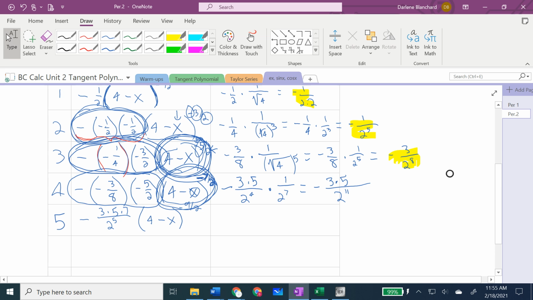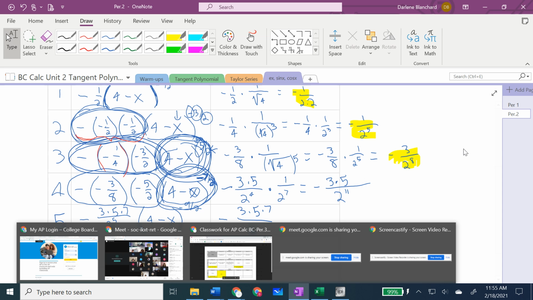Do you think at this point you see the pattern? With n equals 5, it's going to be negative, and the numerator is 3 times 5 times 7, and I'm going to wind up with 2 to what power?